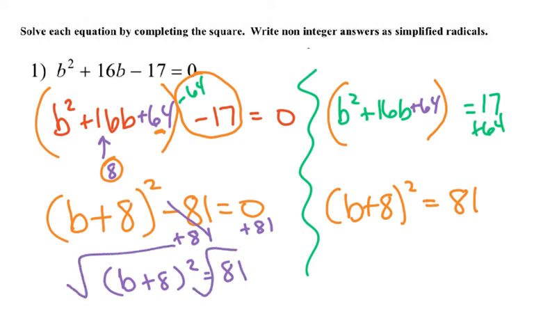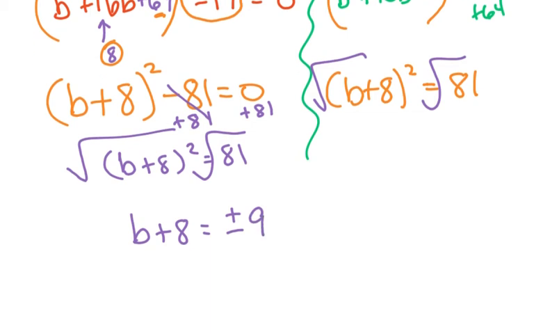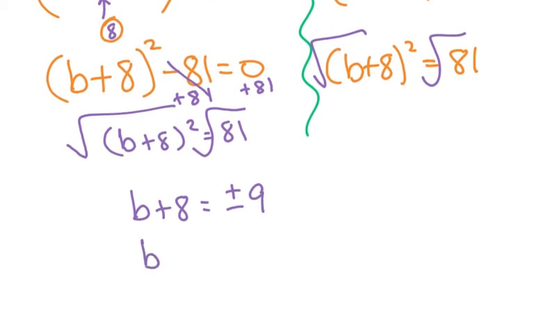Now I'm going to take the square root of both sides, whichever way I'm doing that. Then I'm going to have b plus 8 equals plus or minus 9. You have to get the positive and the negative because you put the square root in this equation. Here's where people get this messed up. They want to write b equals negative 8 plus or minus 9.